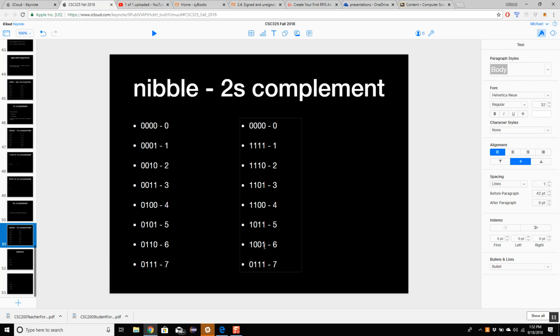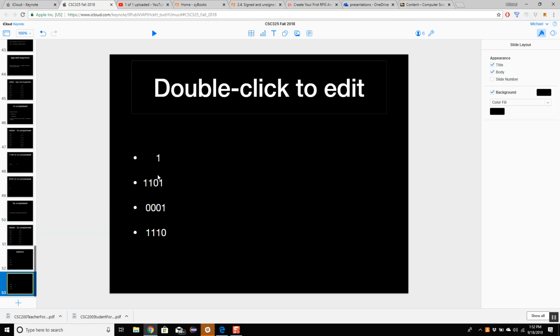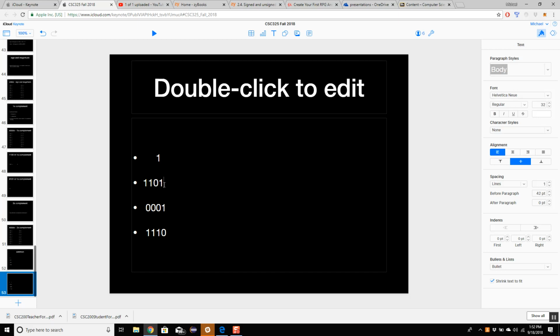Add 1 to that, we're left with 1010. So 1001, we add 1 to it. 1 plus 1 is 0, carry the 1. 1 plus 0 plus 0 is 1. 0 plus 0 is 0. 1 plus 0 is 1. 1010.